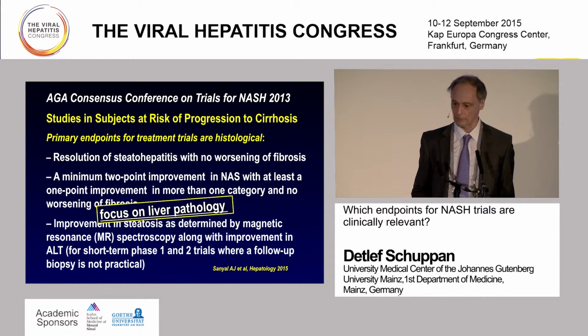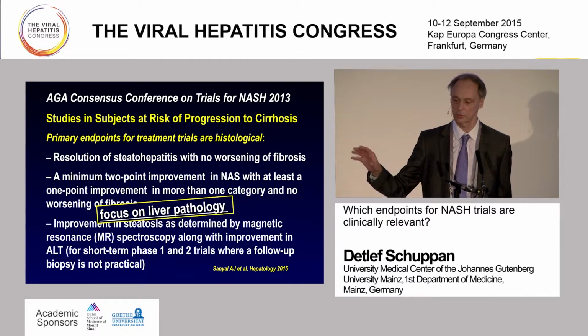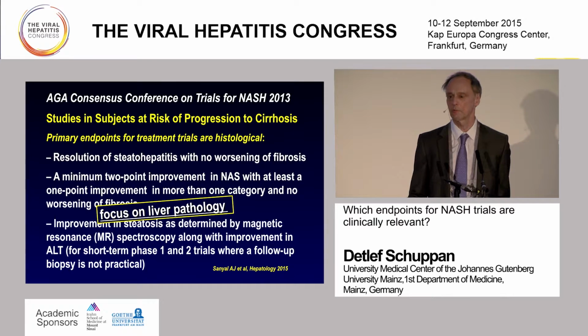And of course, it's not liver pathology alone, although it's very relevant. This is just to show you again the major criteria for the NASH score. And currently, there's still a discussion. What would we define as overt NASH? Would it be just a NASH score of at least 5? Or would we like to include 4 or even 3?